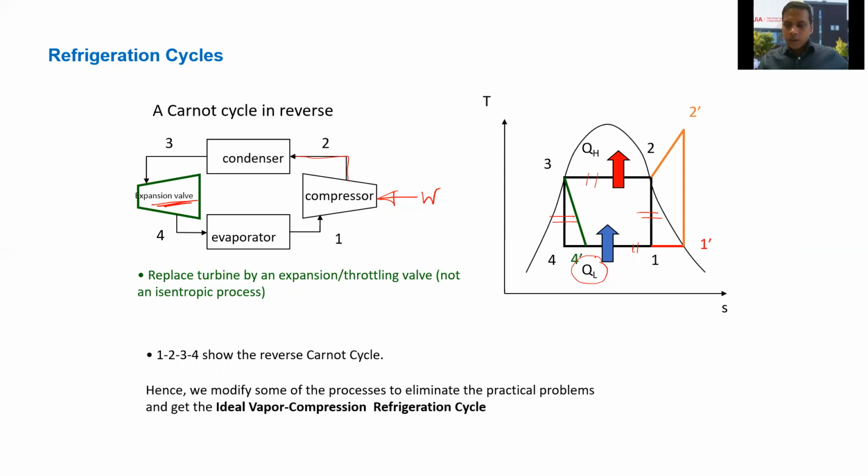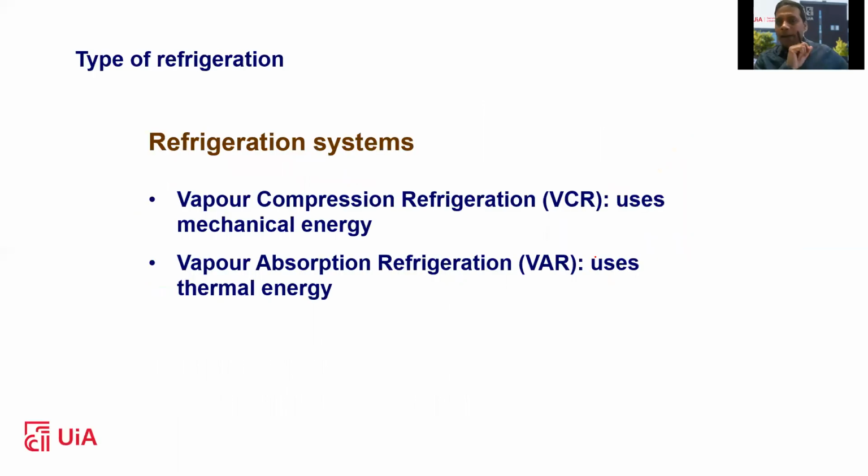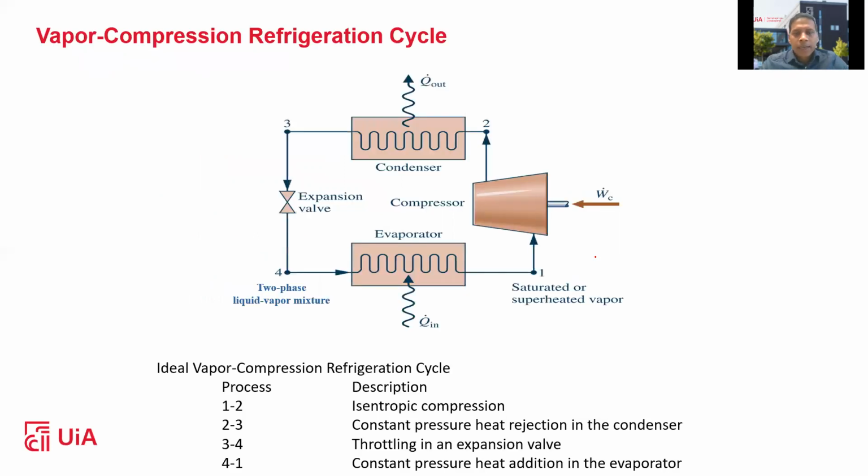Now a little bit about the types of refrigeration cycle. Basically, we have two types of refrigeration system. One is known as the vapor compression refrigeration system, and the other is called the vapor absorption refrigeration system. Today, we mostly talk about the vapor compression refrigeration system. I already talked a little about this process.